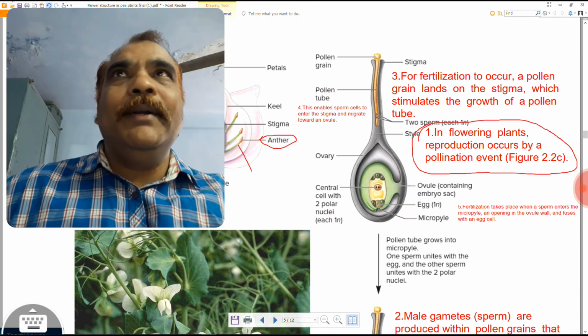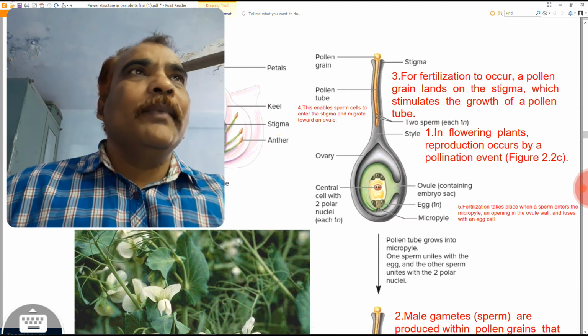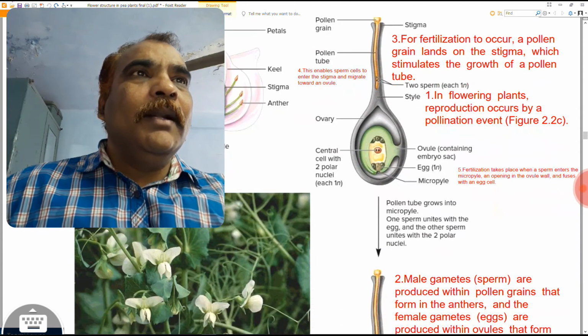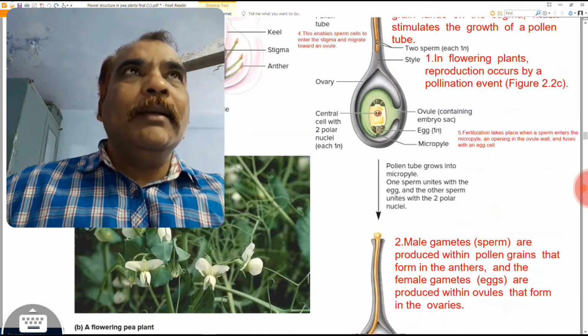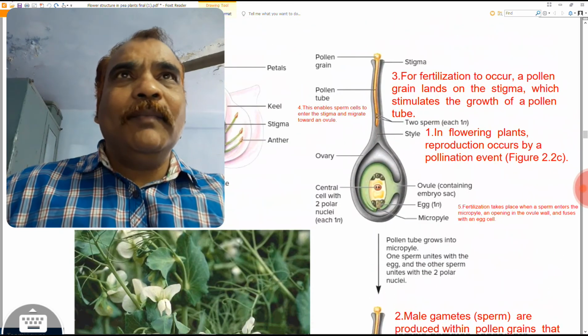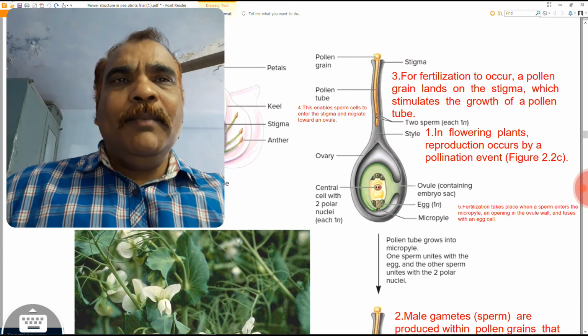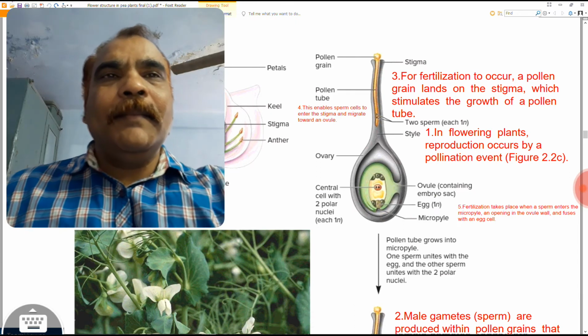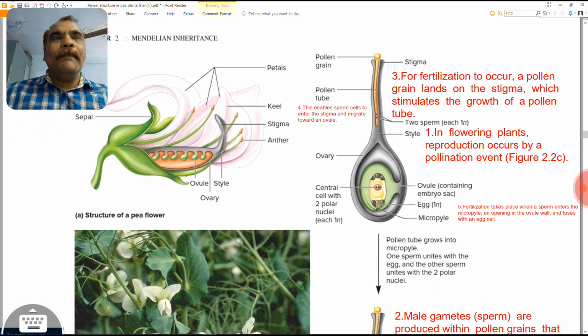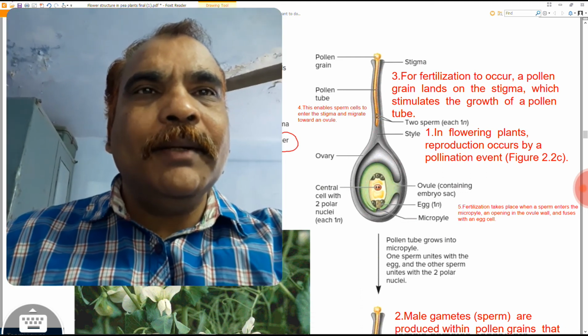Now in the figure you see, from the anther to the stigma, the pollen grains are transferred, and this process is known as pollination.